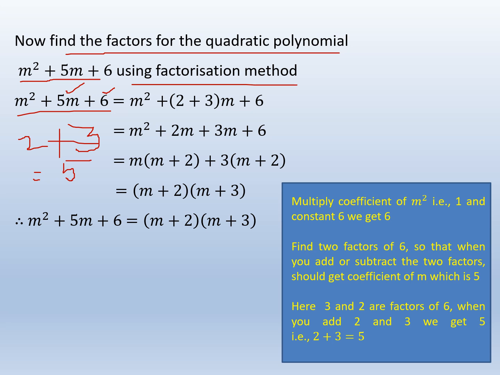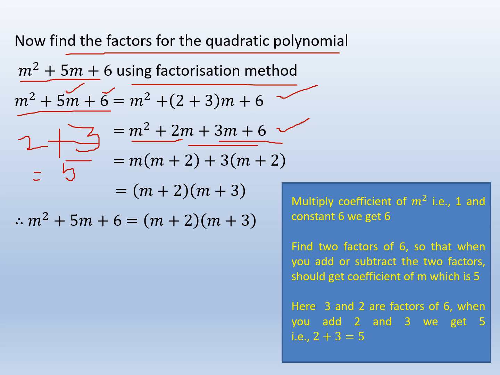Thus, we get m square plus 5 times m plus 6 is equal to m square plus (2 plus 3) of m plus 6. Simplifying this, we get m square plus 2 times m plus 3 times m plus 6. In this expression, from the first two terms, m square plus 2m, take out common m.